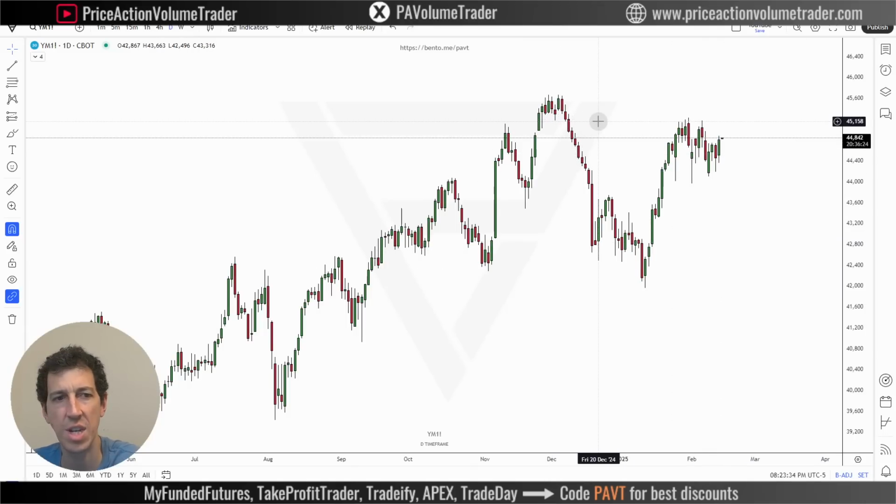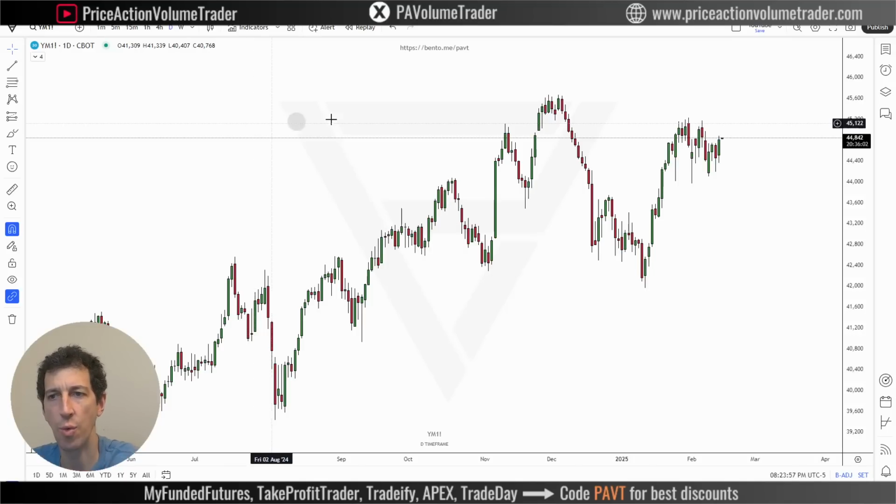So I'm trying to see what areas have several factors that I'm looking for. One, the size of the movements off of the levels. Two, how recent the touches have been.